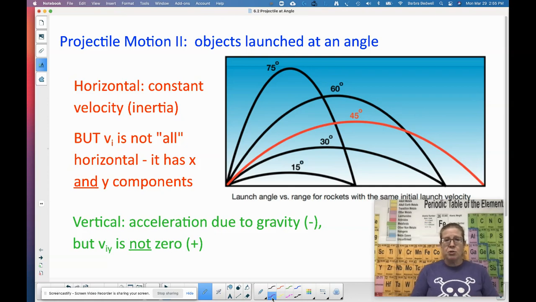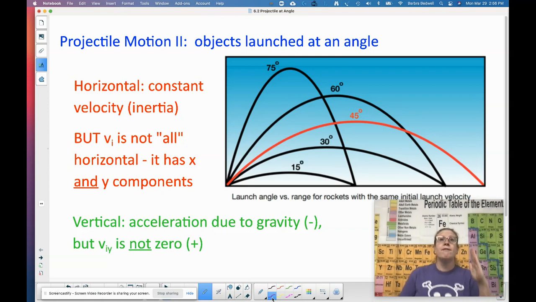You can see on the screen that if you've got a 45-degree launch angle, that's the middle red line, you're basically equally X and equally Y. Half of that velocity is horizontal, half of it is vertical. So you don't get maximum height, but you do get maximum distance. At a 60 or 75-degree angle, a lot of your velocity is going vertically.